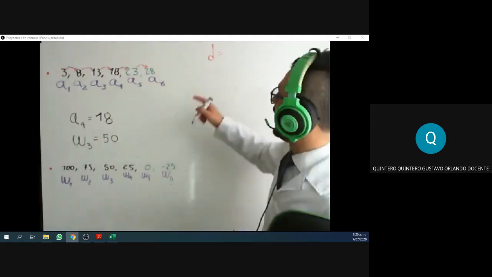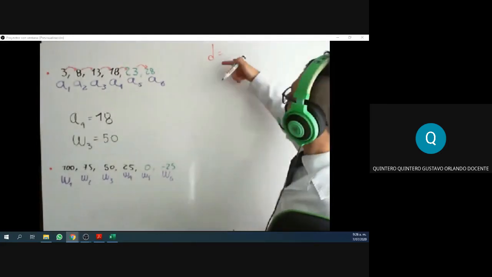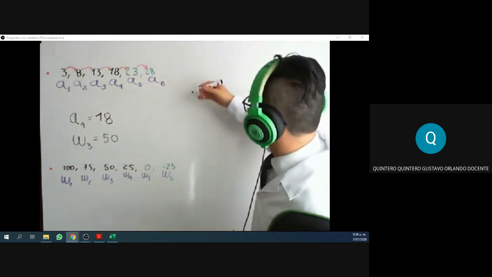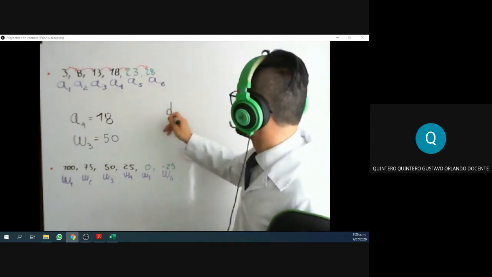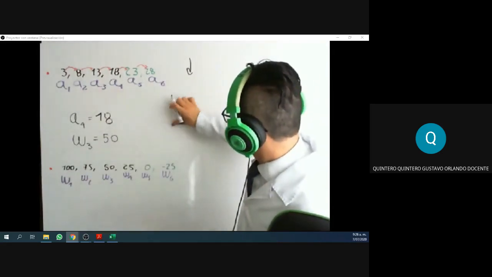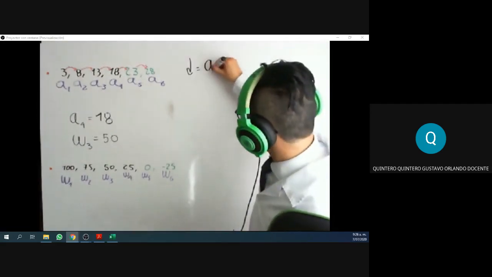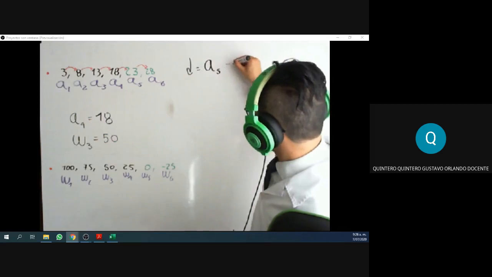Beautiful. Again, to find the difference, now that we are talking about positions, we can also use positions to find a difference. The difference of this sequence is constant, and it will be the result of taking one position, for example, position 5, minus the previous.